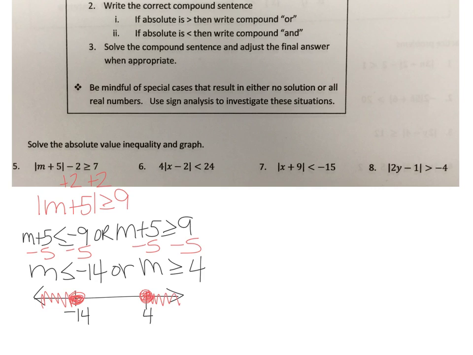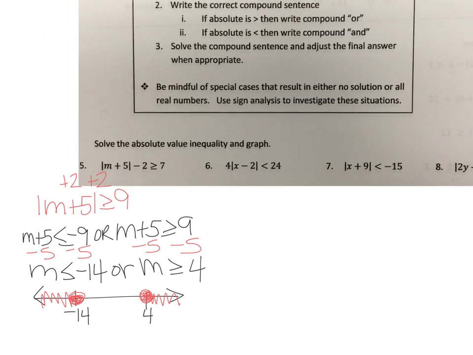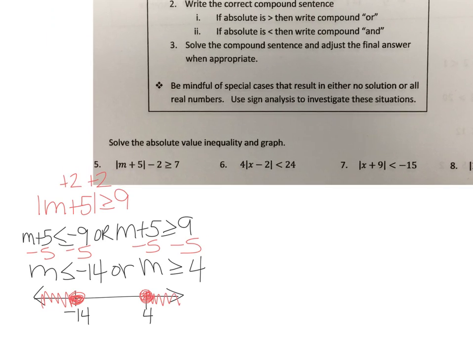Okay, can we do number 6? What's our first step going to be for number 6? Divide by 4. So the absolute value of x minus 2 is less than 6.